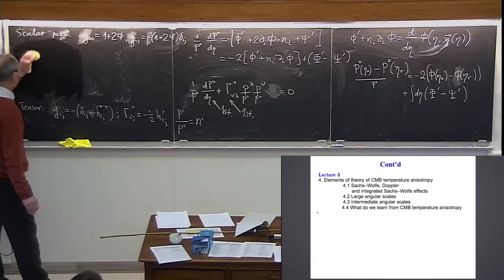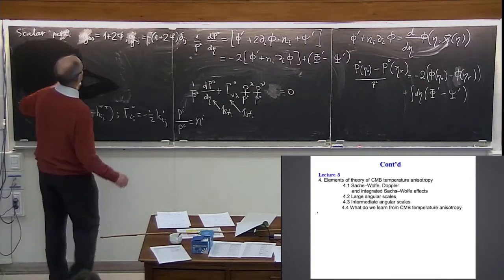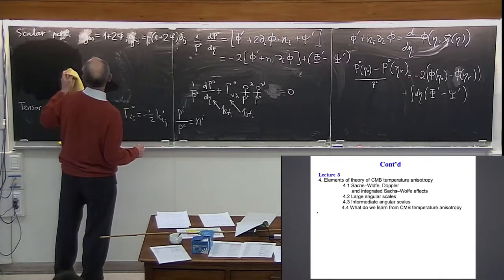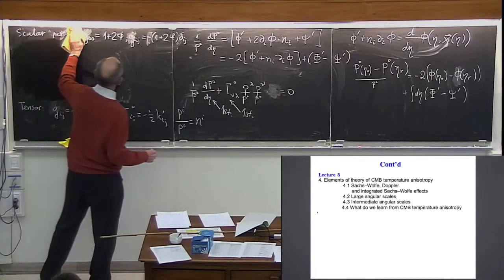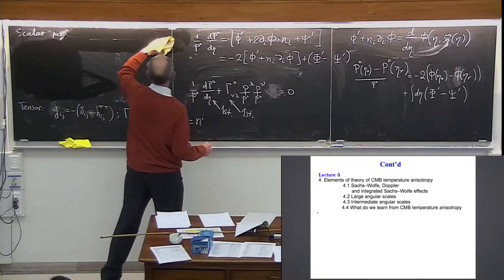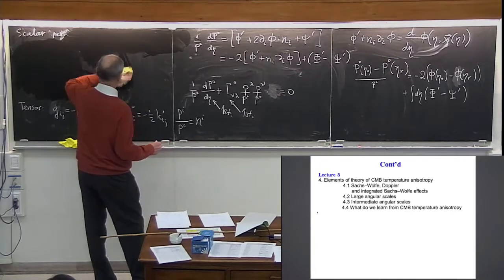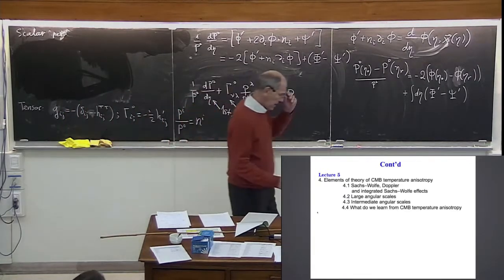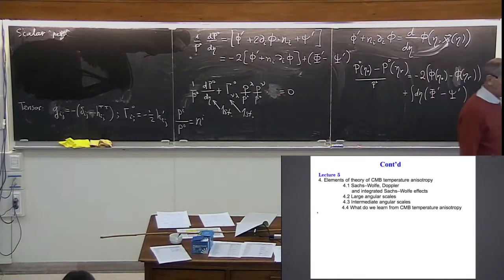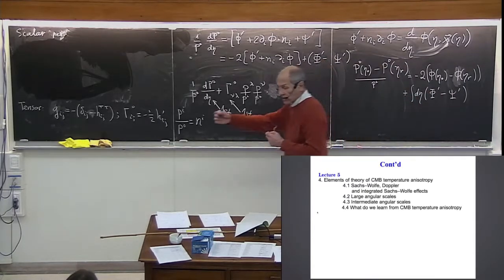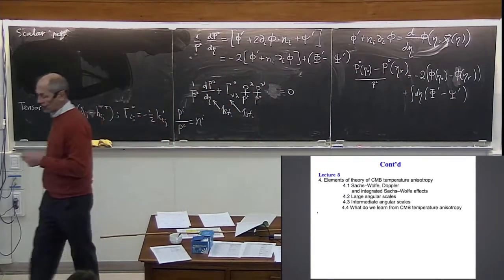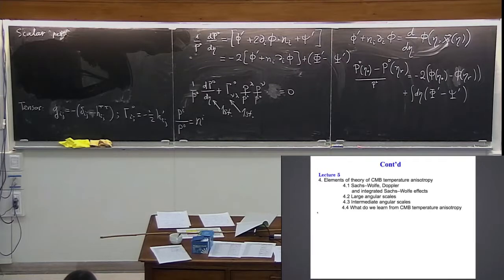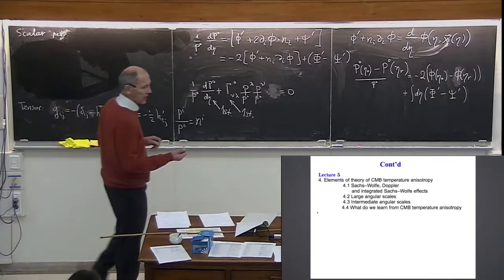It's not the whole story yet, because I have to understand what was the energy of a photon when it was emitted, right, in my conformal Newtonian gauge. And there are two things. One is that my medium is in motion. It has certain velocity. And when I calculate temperature, it's temperature in local Lorentz frame, right?